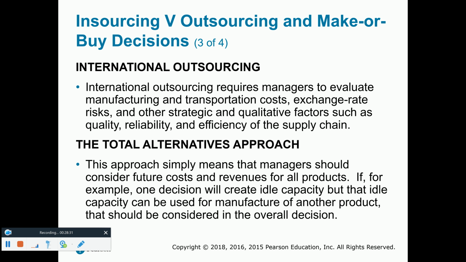So certainly with international outsourcing, there are a lot of decisions, both quantitative as well as qualitative. Obviously, if the quality of the product isn't as good, now all of a sudden we have customer service issues. We have perception issues.